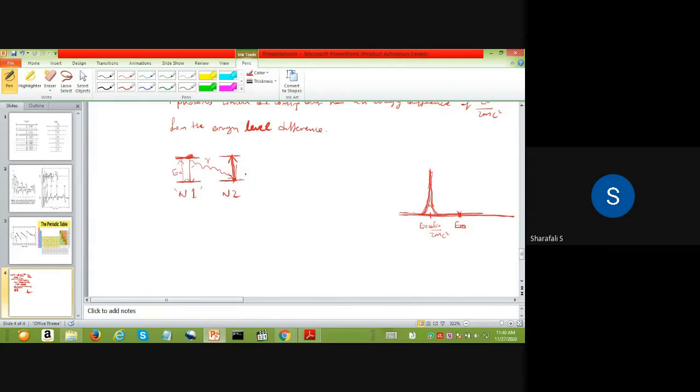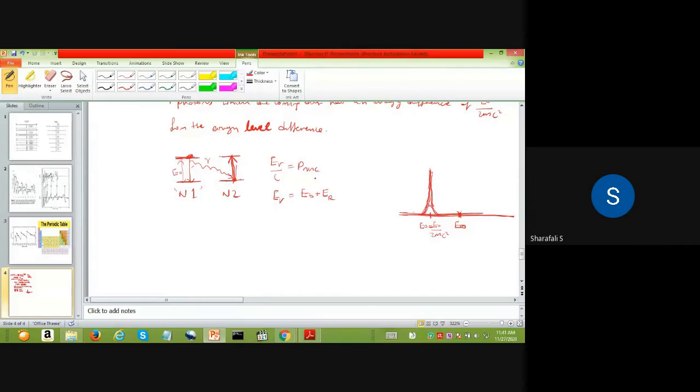Now if you consider such a phenomenon, as you observed in the previous steps, you will have a similar condition: E gamma by c should be equal to P nucleus. Then your E gamma should be equal to E0 plus E recoil. Now this is the recoil energy.